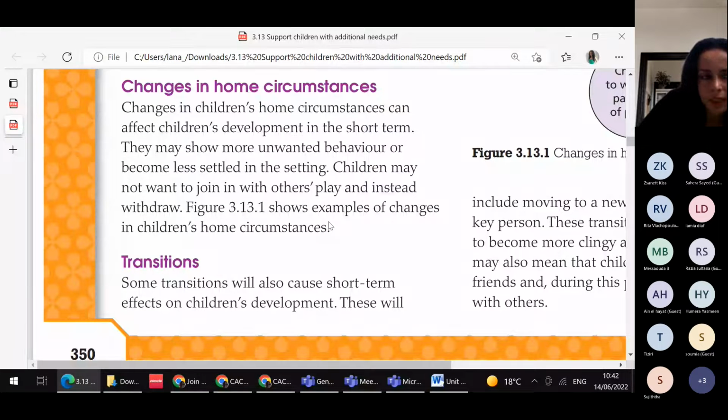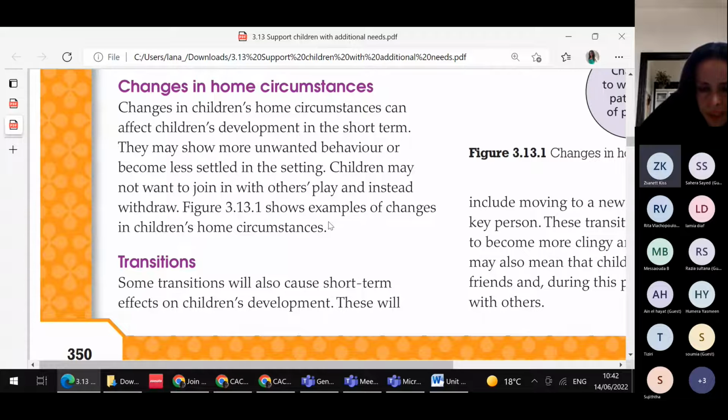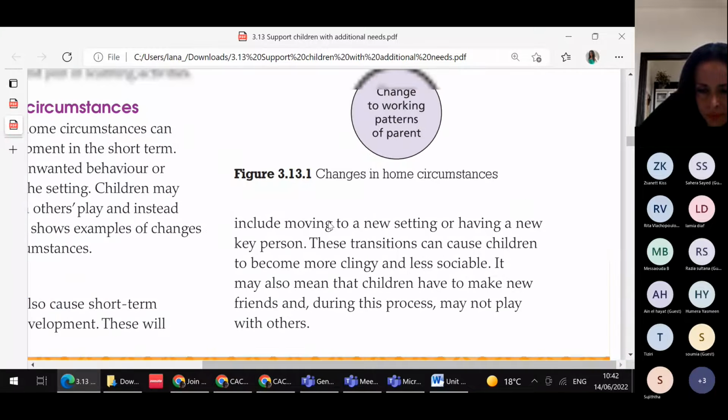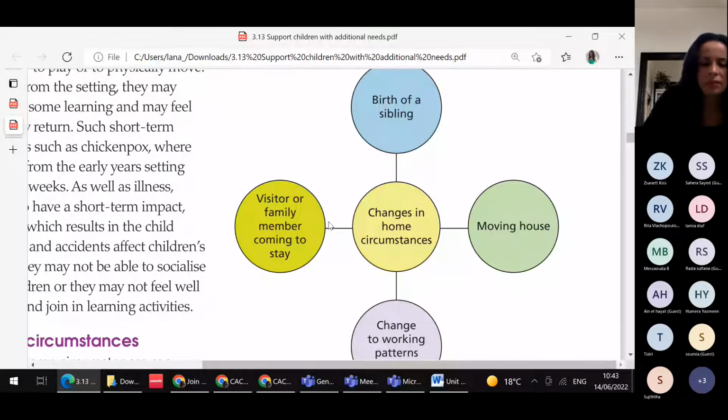Like, let us say his parents are separating for a while and not wanting to talk to each other. So this child will feel very unsatisfied, very unhappy, withdrawn, not cared for by his parents. Also, we have the transition that might affect the child development in the short term. So can you tell me anything about the transition? Here you can talk about all these in the graph.